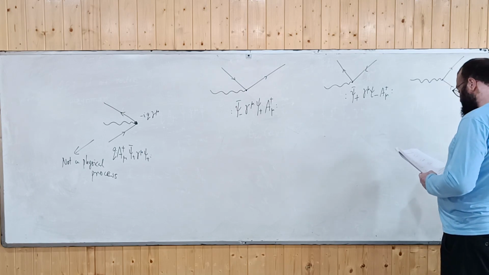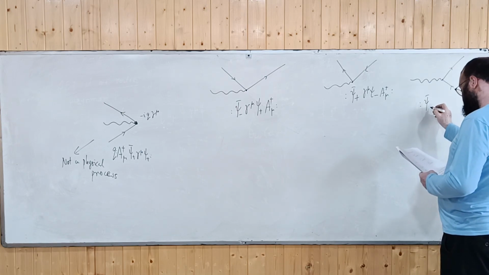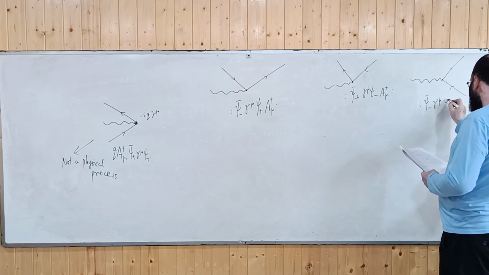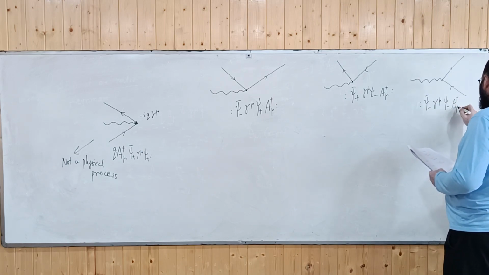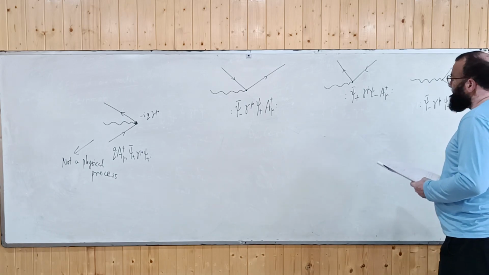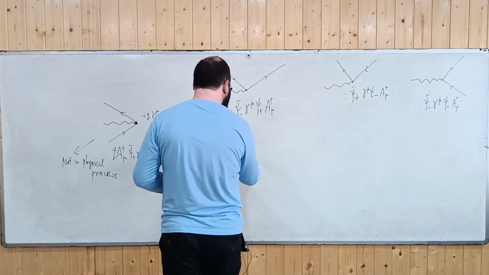So this is our vertex. Then you are having this kind of diagram.